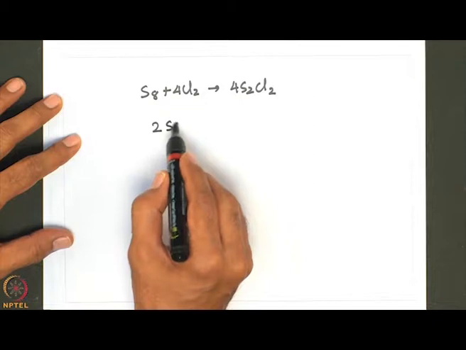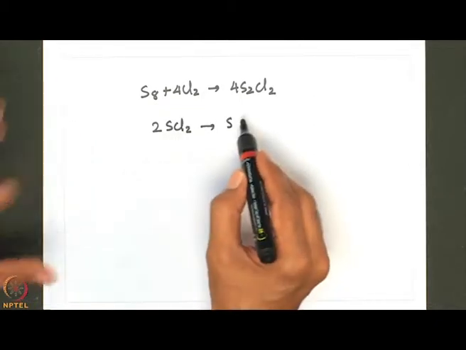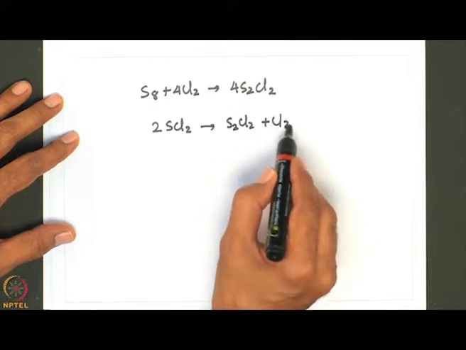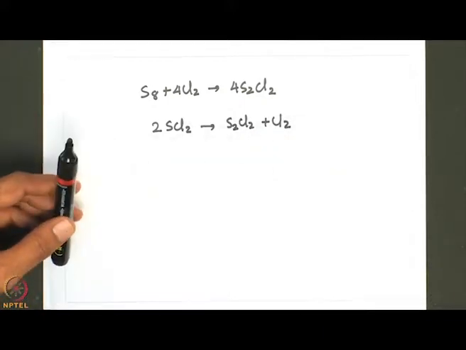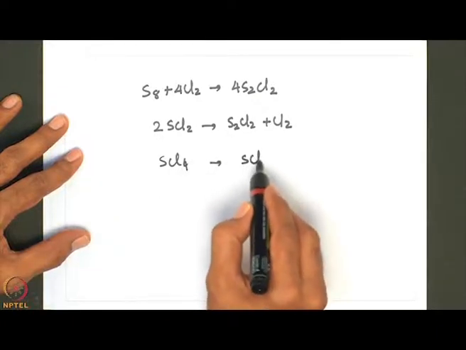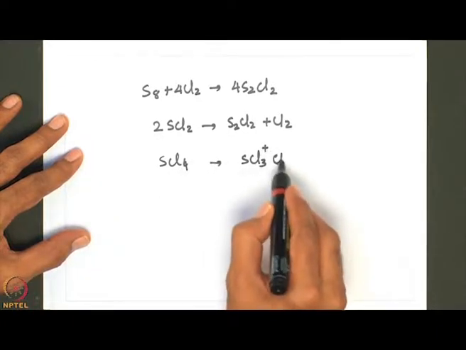For example, SCl2 disproportionates to give S2Cl2 plus Cl2. Sulfur 4 halides are restricted only to SF4 and SCl4, and in solid state SCl4 is thought to exist in ionic form, in the form of SCl3 plus and Cl minus.